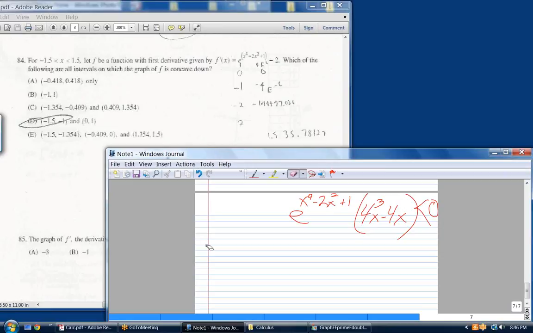Okay, let's see. How do we solve this? Well, this is always positive, correct? Yeah. When you take any positive number and take it to an exponent, it's positive. There's no way to make it negative. So if this is always positive, then we need 4x cubed minus 4x to be negative.